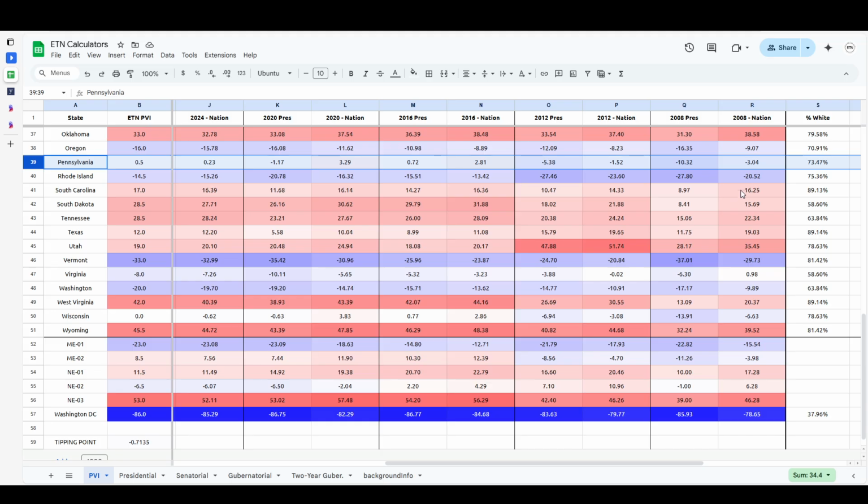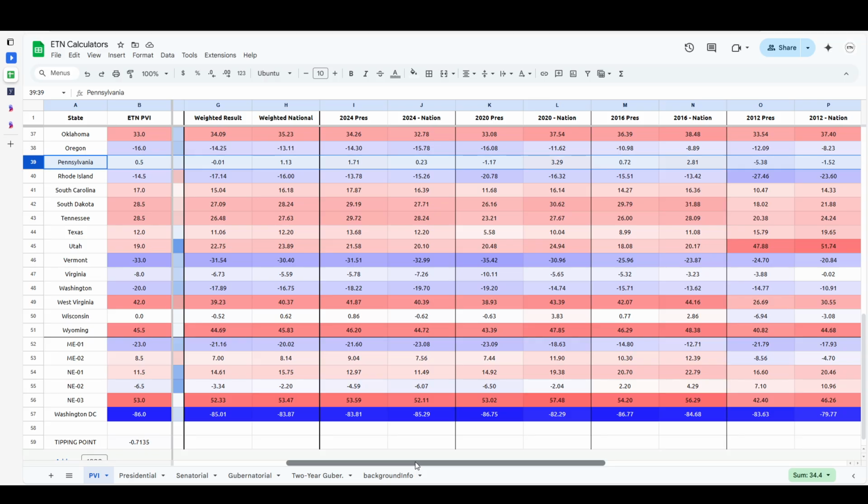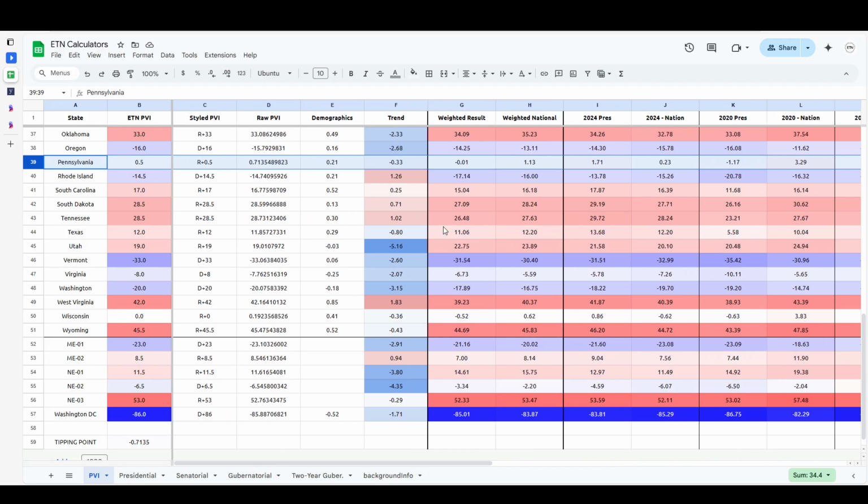And it used to vote to the left of the nation, though, 3 points to the left in 2008, 1.5 in 2012, and then it voted 2.8 to the right in 2016, 3.25 in 2020, and 1/4 in 2024. So now it is a Republican-leaning state, not by much, though.